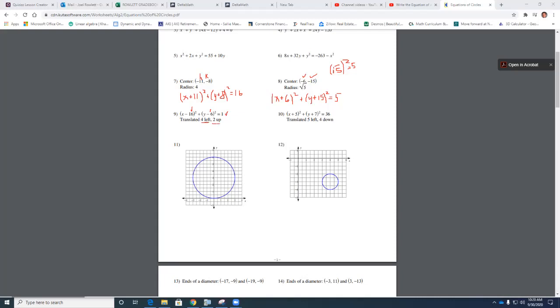If we slide back 4 to the left, then the 16 would end up becoming a 12. So the center of the circle is going to be at 12 something, right? So that's going to be x minus 12 squared.